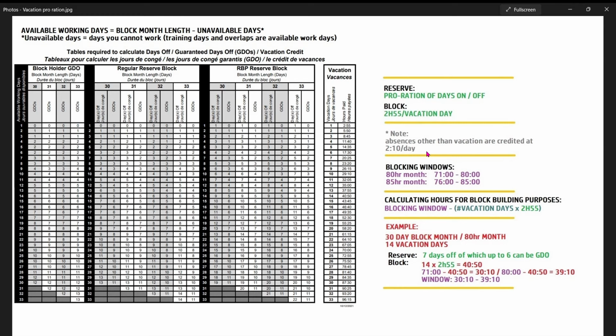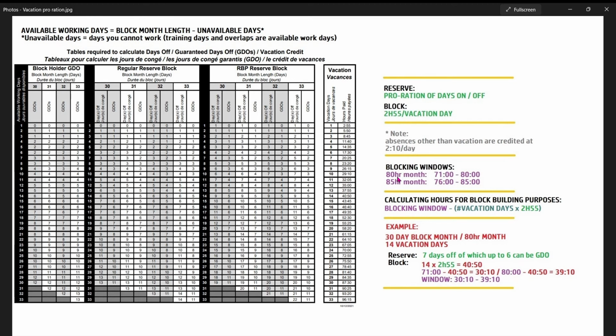What I mean by absences other than vacation, as we spoke about earlier, sick leave, leaves of absence, special assignment, whatnot, those would credit you 2 hours and 10 minutes toward your blocking window. But going back to today, we're talking about vacation, and vacation, as we said earlier, is 2 hours and 55 minutes per day. It's important to know your blocking windows.